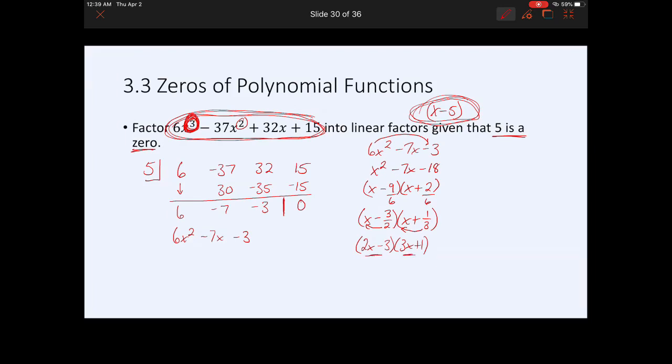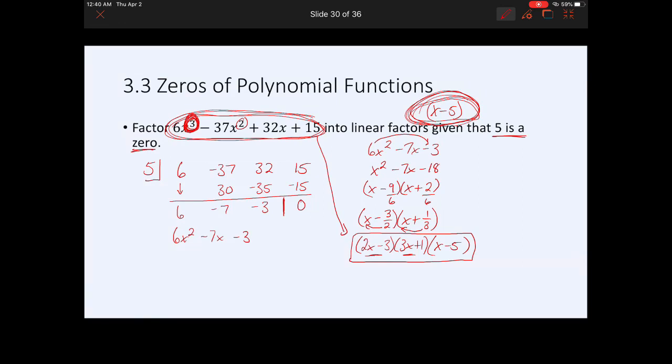Now, the question is to factor this original polynomial that's got 4 terms. Because there is a power of 3, this exponent of 3 tells us there should be 3 solutions, which also means there should be 3 factors. Okay? So, to factor that, we already have 2 of them.